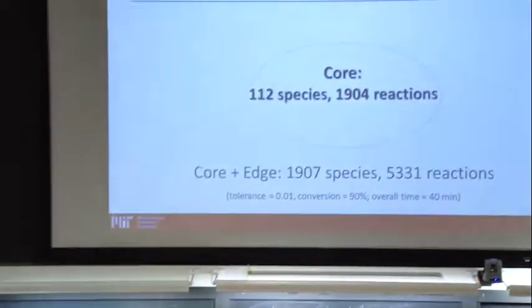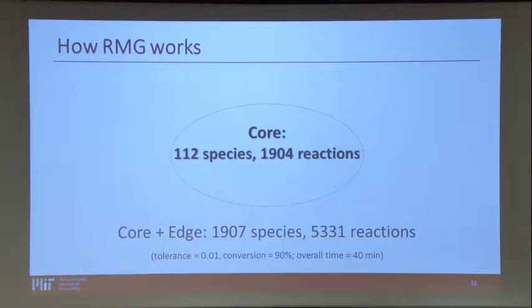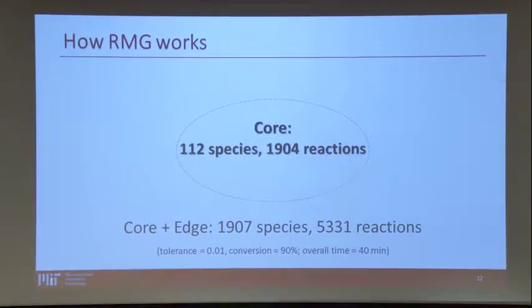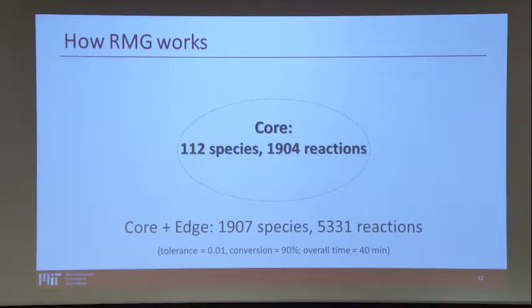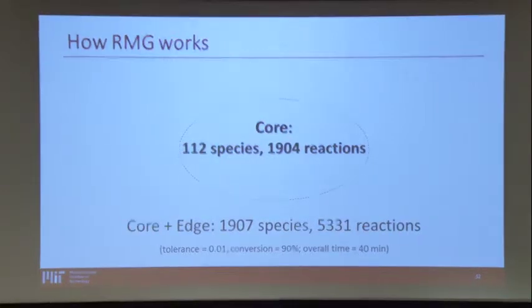An important thing to keep in mind with this algorithm is that the species you include in the model are only a very, very, very small subset of all the species you consider. Just like parents can have a lot of children, the reactions are like that.